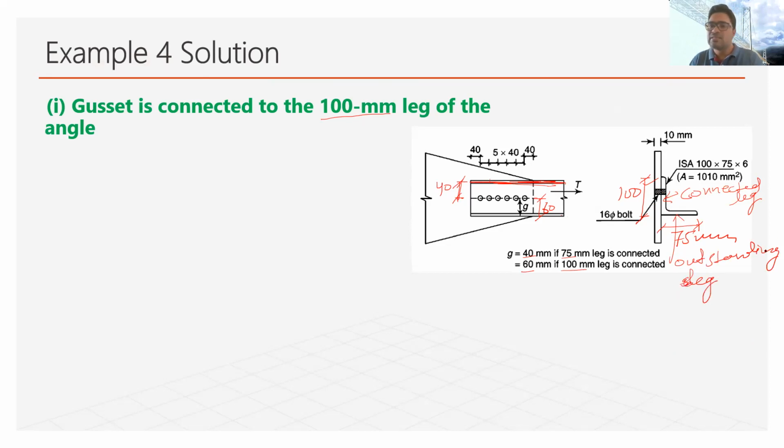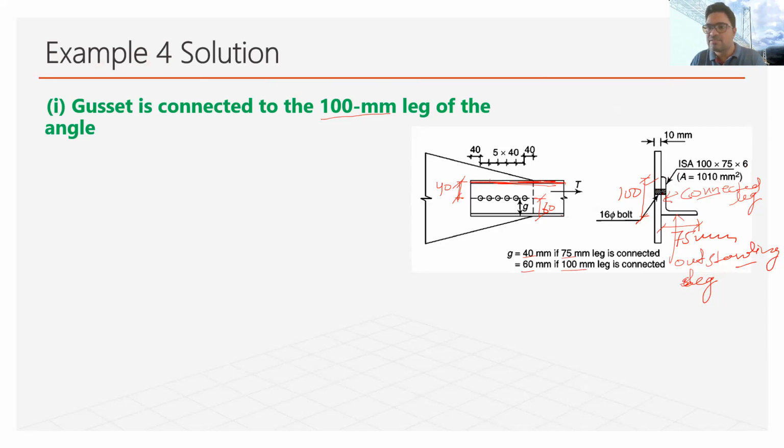So we find out the net effective area, which is basically the sum of net effective area of the connected leg and gross area of the outstanding leg. Why am I calling it gross area? Because the outstanding leg does not have any hole, but in the connected leg there is a hole for the bolt.